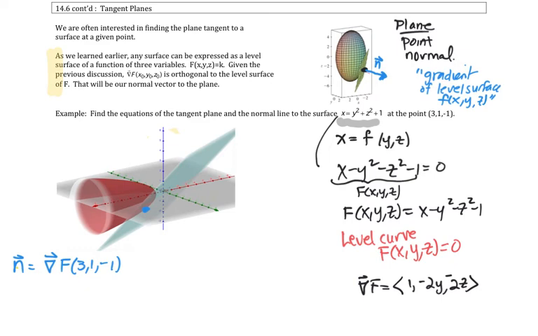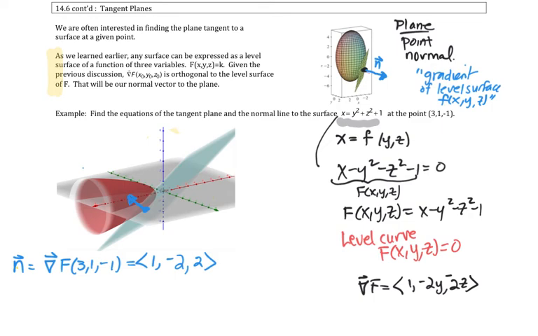So at the point 3, 1, negative 1, I'm putting in, let's see, the x component is 1, the y component is negative 2y, y is 1, so that would be negative 2. The z component is negative 2z, z is negative 1, so that would be positive 2. So x is 1, y is negative 2, and z is 2. So forward, frontwards, leftwards, upwards. So I have computed this vector in that direction.